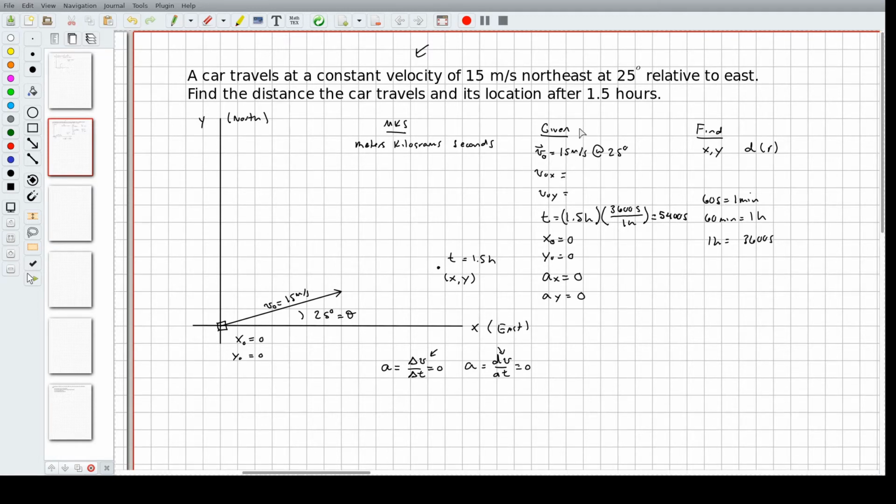Now, I'd like to point out here that this has 2 sig figs, this has 2 sig figs, and this has 2 sig figs as well. So at the end of the day, we're going to be rounding to 2 sig figs. Not yet, though. Remember, we want to keep any rounding done at the end. So we've converted our time.